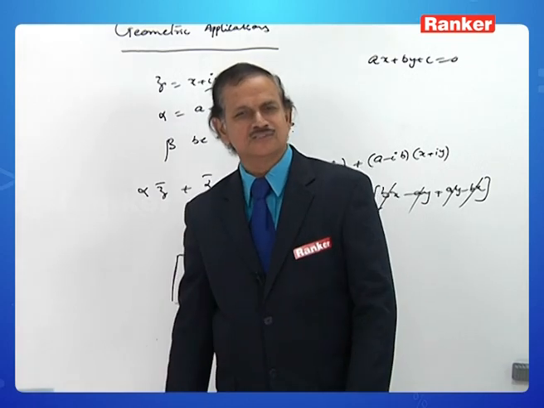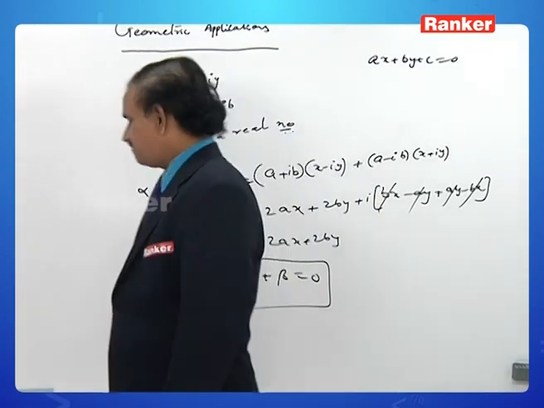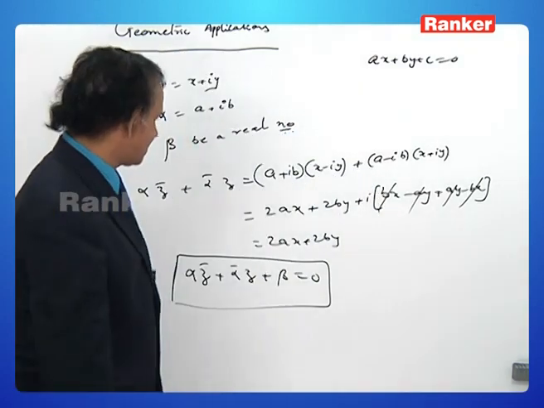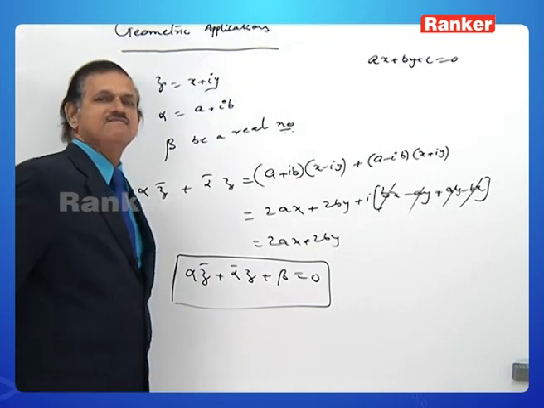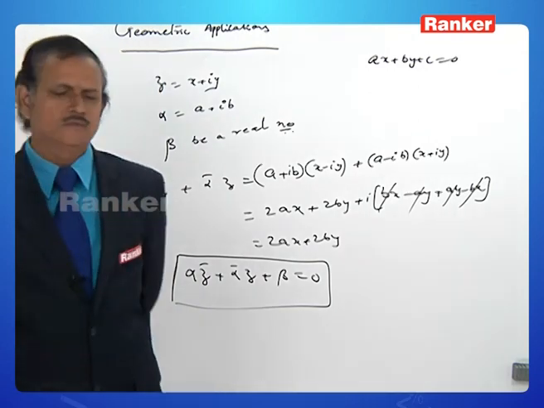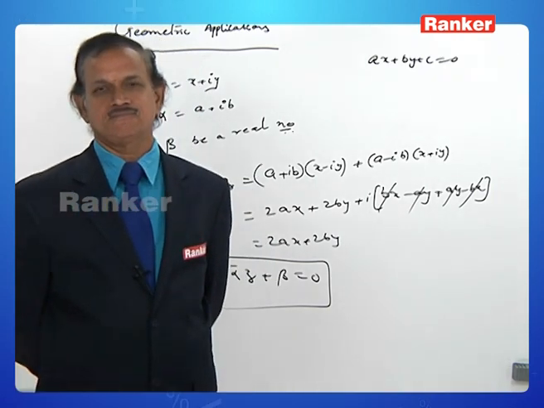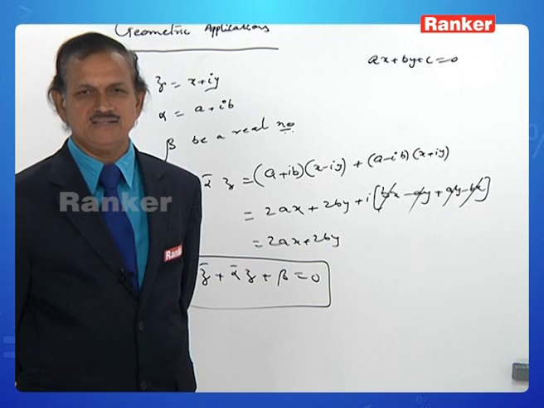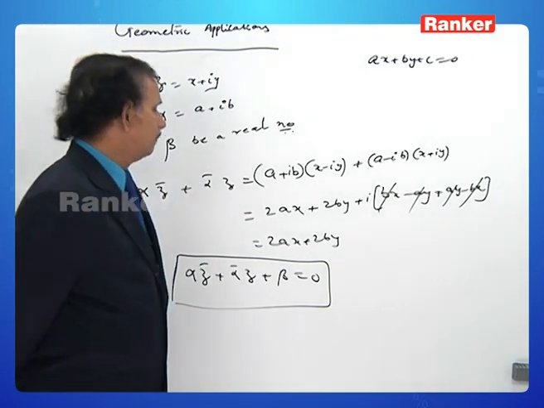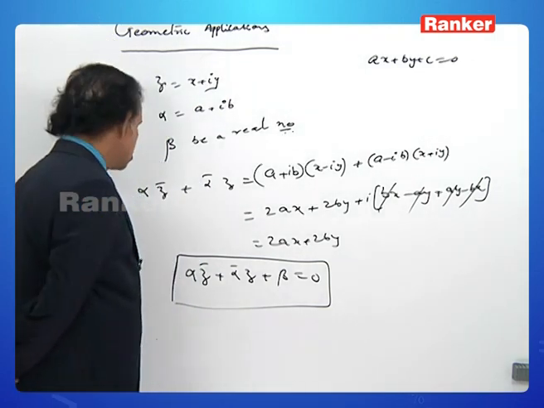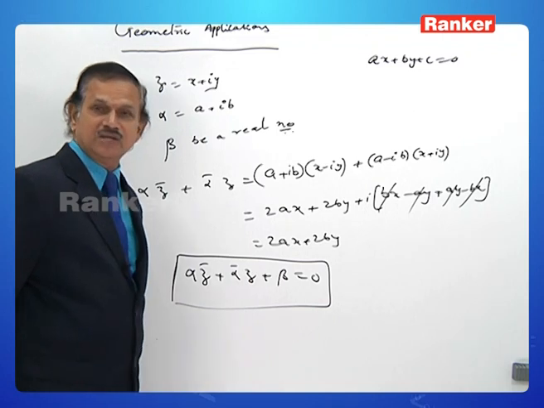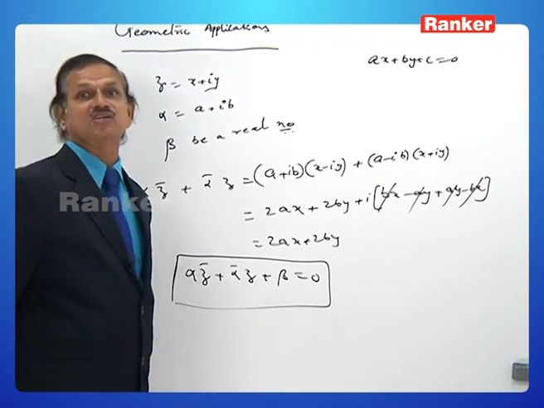Of course. Therefore, alpha z bar plus alpha bar z plus beta is equal to 0 gives us the most standard or general equation of a straight line. Moreover, by making use of this, we will be able to have some more fundamental results also.